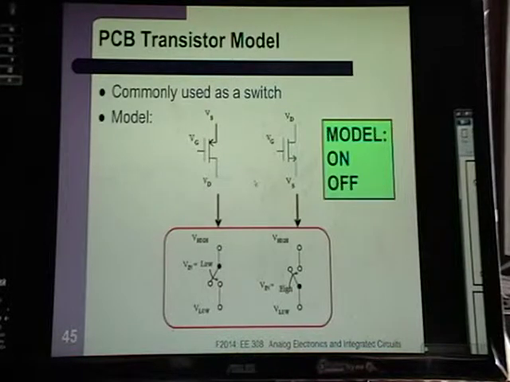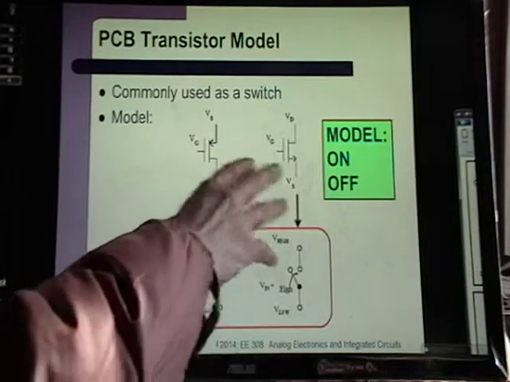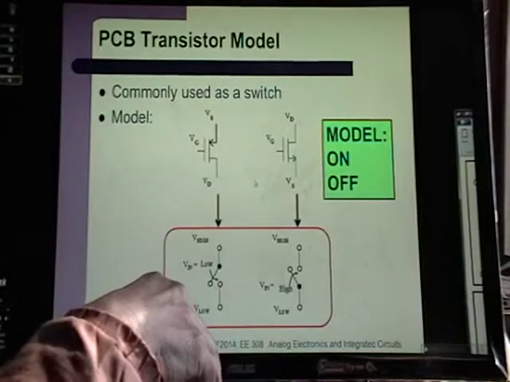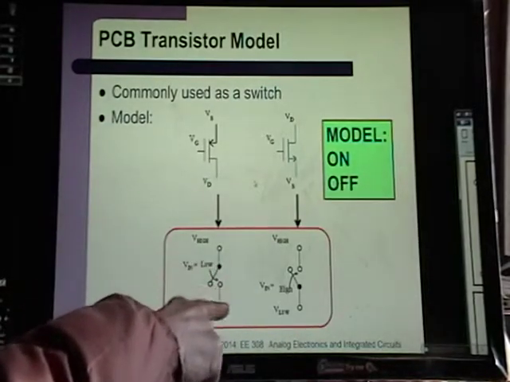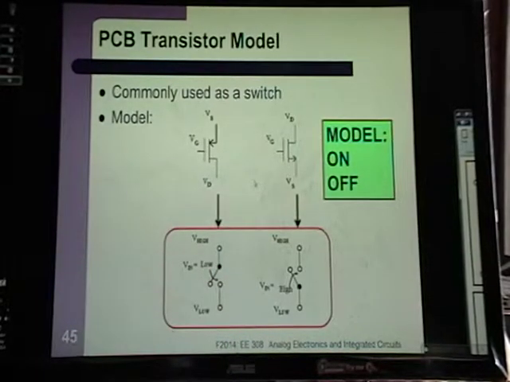And on printed circuit boards, really a transistor is very often used as a switch. So all you really need to know is if it's conducting or not conducting. You don't need to care about resistance. You don't need to care about capacitance or anything like that. So it's modeled as this.